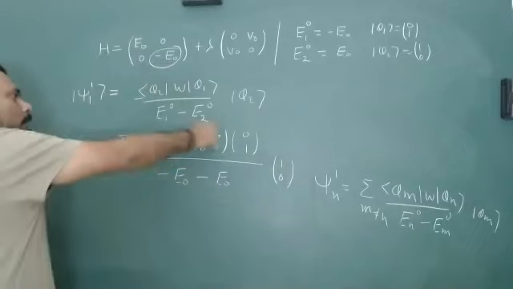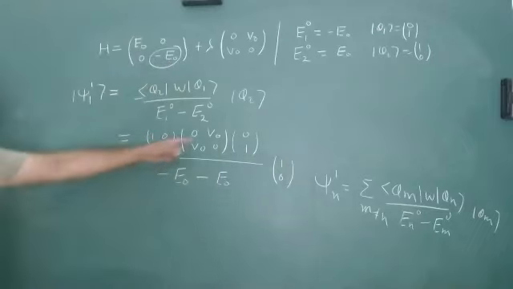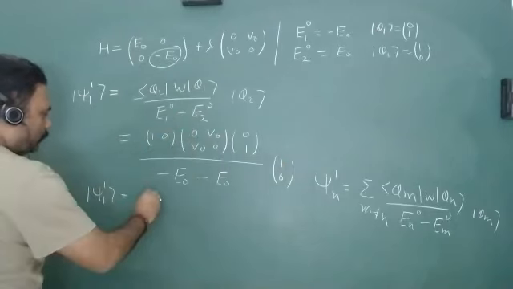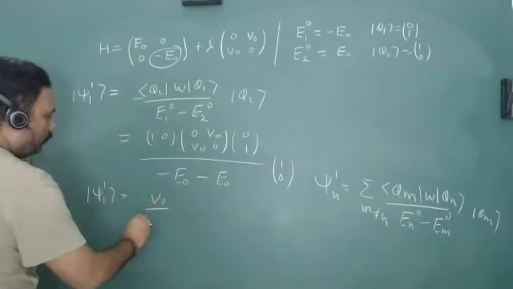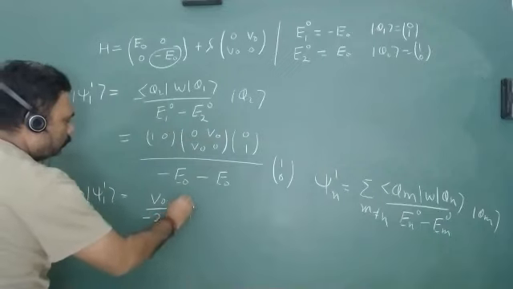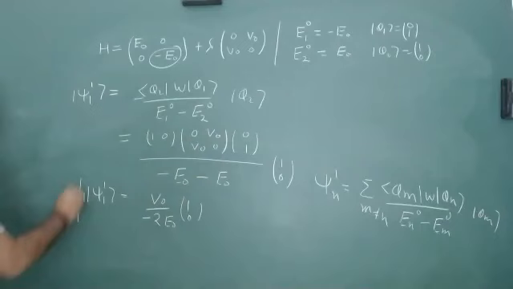If you calculate this particular term, it will come to V naught. So psi 1, 1 you can easily calculate: V naught by minus 2 E naught, times (1, 0). This is your correction to first order.